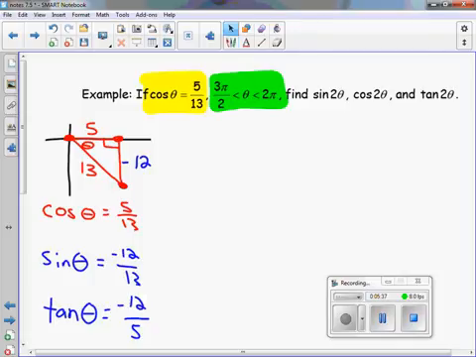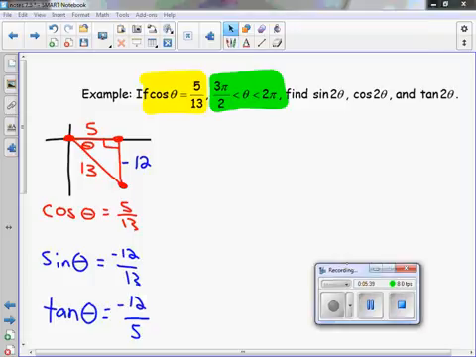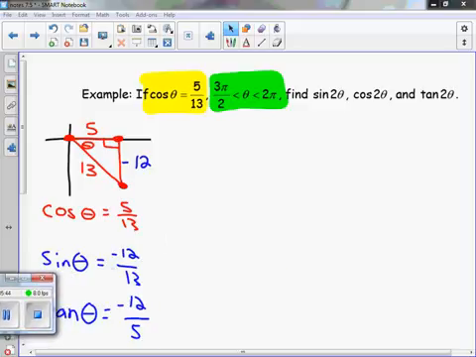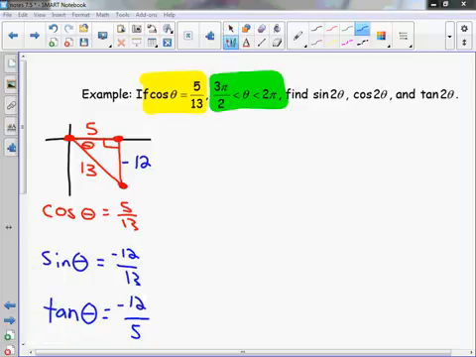Some of this will get a little bit more complicated depending on the problem, but essentially all you have to do is plug those values into your formula. So with the sine of 2 theta, that would be equal to, and I'll write this one out formally just so we see it, 2 times the sine of theta times the cosine of theta.